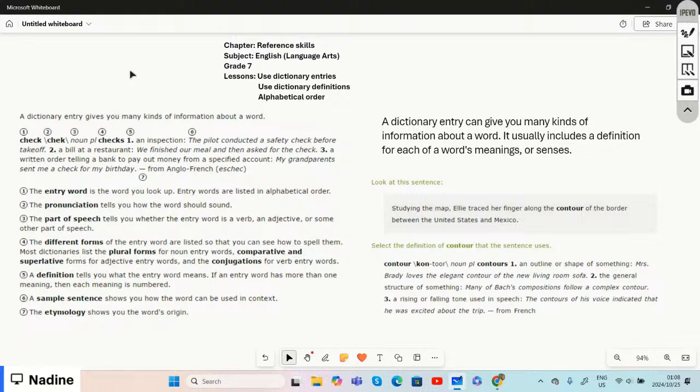So a dictionary entry gives you many kinds of information about a word. Like I said, depending on the amount of definitions there are of a specific word, because you can have one word, but you can have multiple or a lot of definitions of that word. So, for example, here we have the word chick.